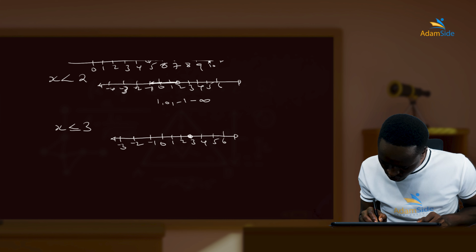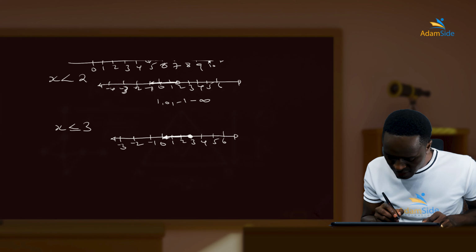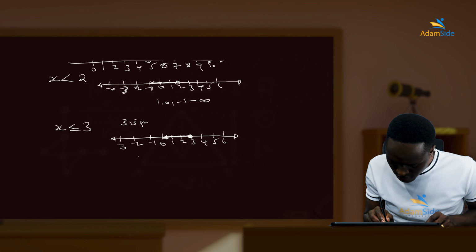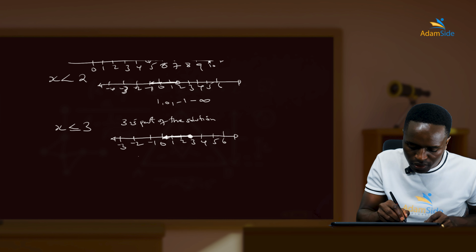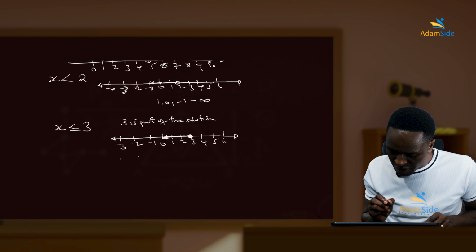So this less than or equal to 3 is full bolded because that 3 is also part of our answer. So we say anything less than 3. This means 3 is part of our solution.